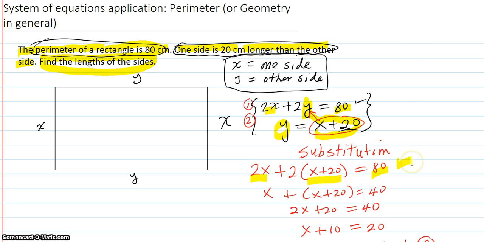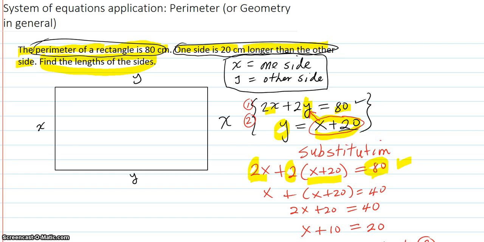And so we're there. Now, we're in this class to learn tricks of the trade. So I see a 2, and an 80, and they're all even. Now you don't have to do this trick, but it makes things faster if you can use it. They're all even, so we're going to divide both sides by 2.